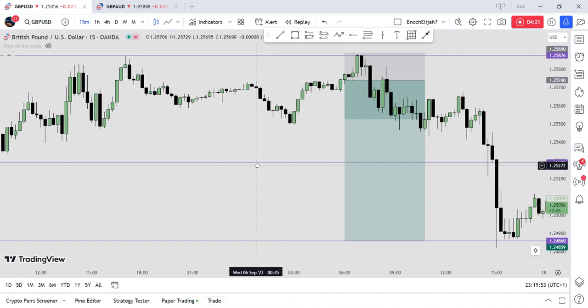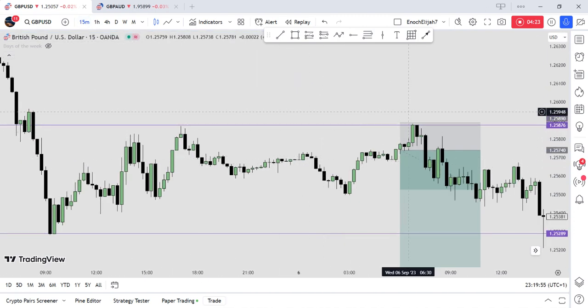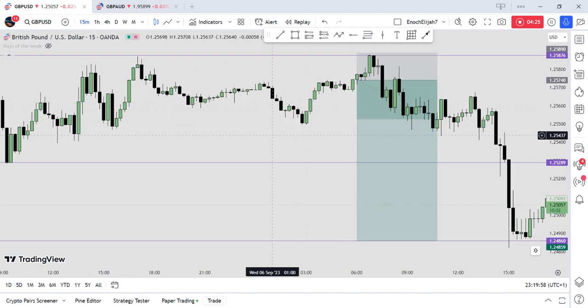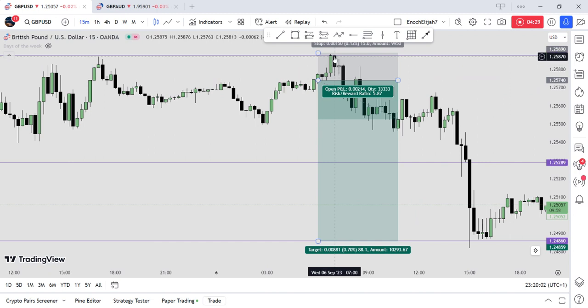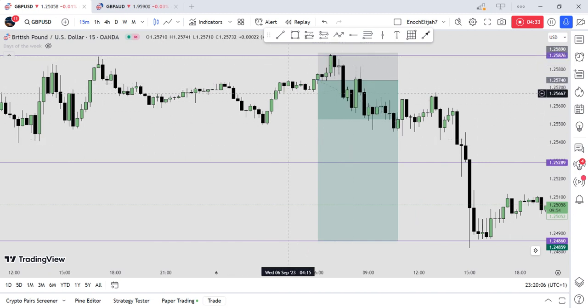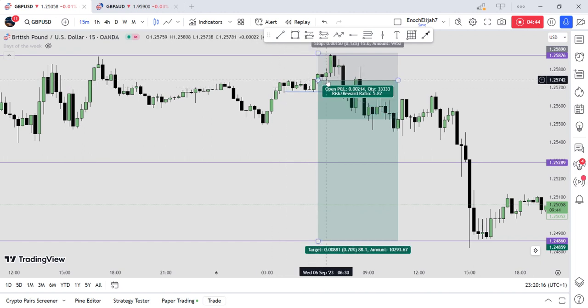On the 15-minute time frame, when the market opened, I waited, this high was taken out, and then we had a displacement lower, breaking this swing low right here. So I set my entry at the low of this up candle right here, which also coincided with this down close candle here.